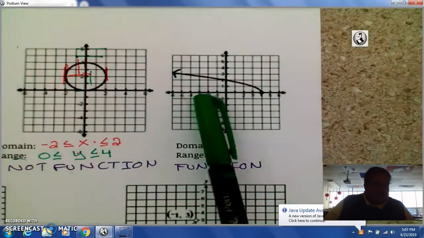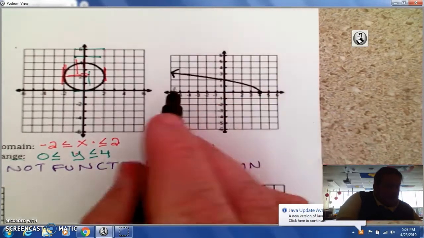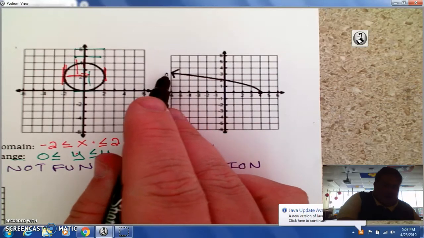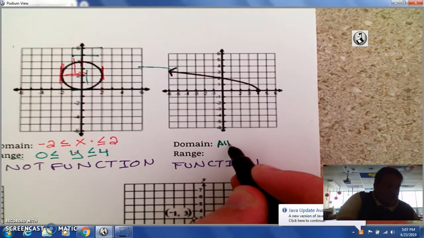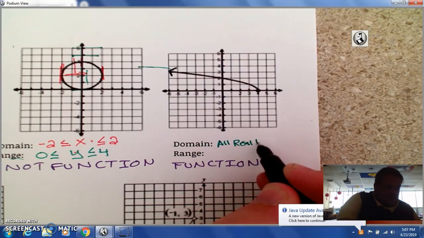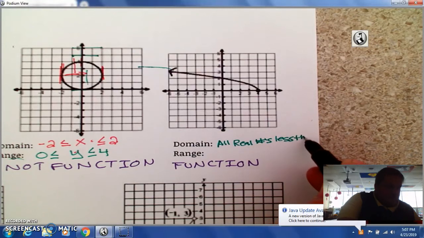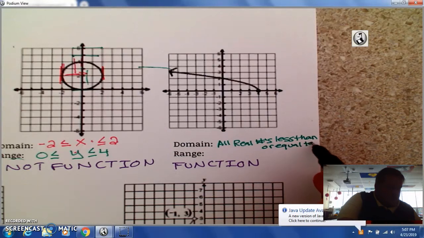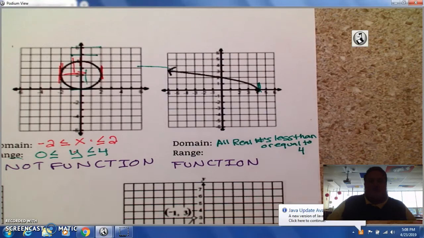Let's look at this one. Okay. Our domain. Okay. So it keeps going. There's an arrow. Because there's an arrow, that means it's going to go on and on and on and on. So it's all real numbers less than or equal to, and it goes up to 4, okay? So it's all real numbers less than or equal to 4, okay?